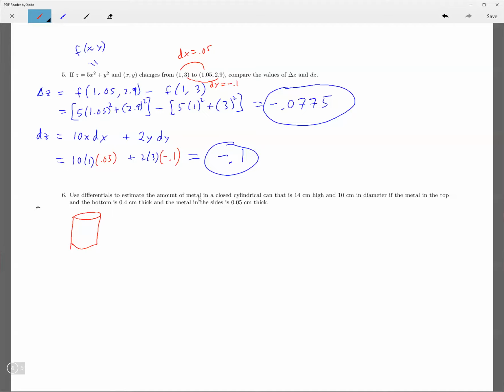Okay, does that make sense? Yeah. So that means what you want to look for is the volume. Okay, so here you have height and you have radius, right? What's the volume of the entire can?